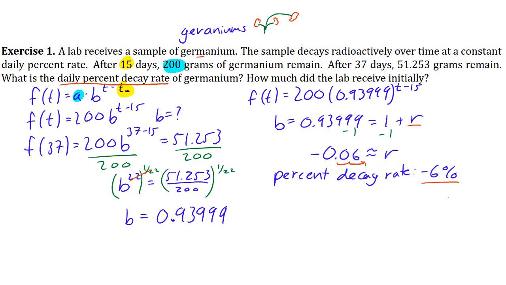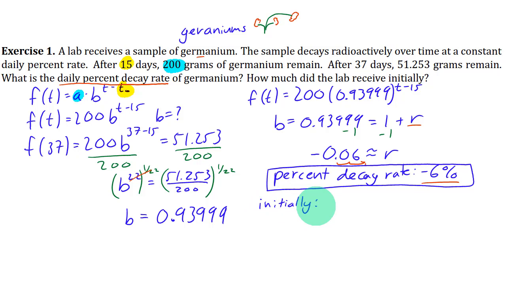Okay, so now how much did the lab receive initially? Initially means at time t equals 0. So initially, we could find f of 0, which is going to be 200 times 0.93999 to the power 0 minus 15.